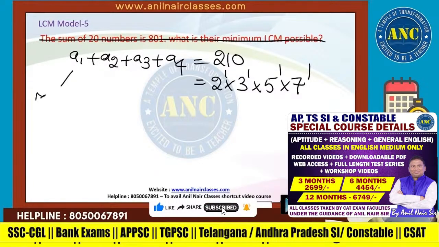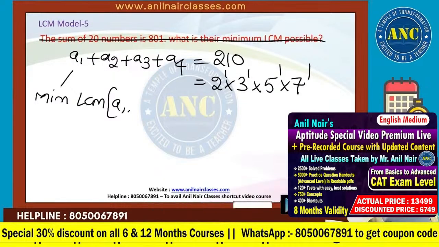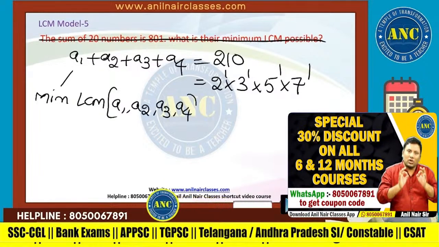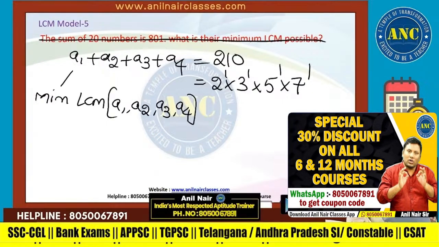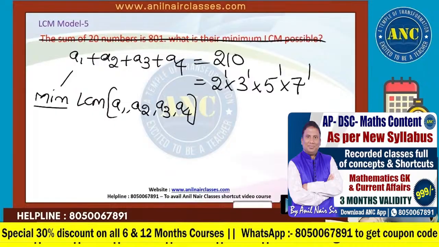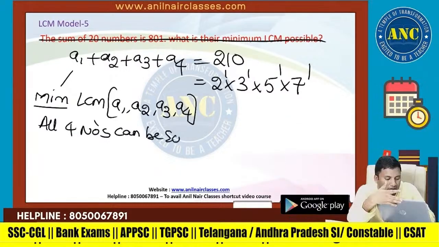The question is, I want the minimum LCM of A1, A2, A3, A4. To get the minimum LCM, there are two cases. All four numbers can be equal.